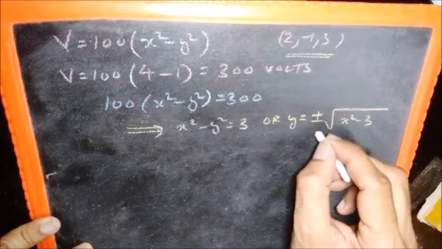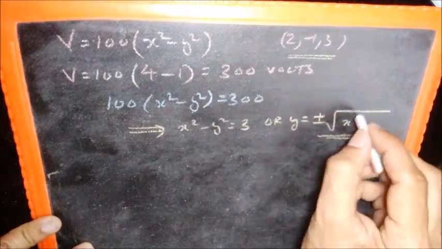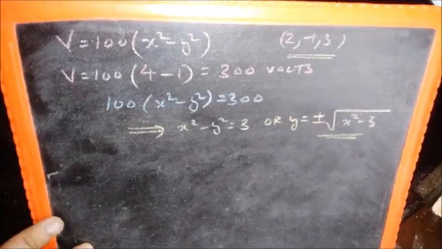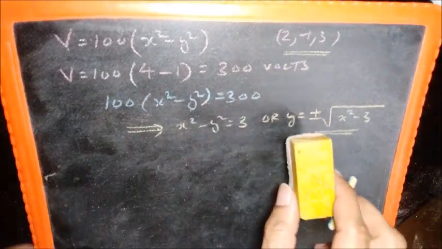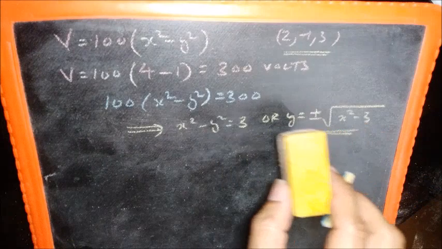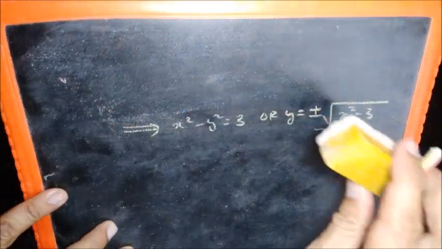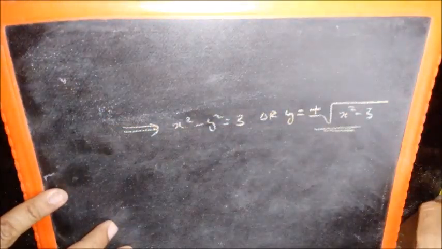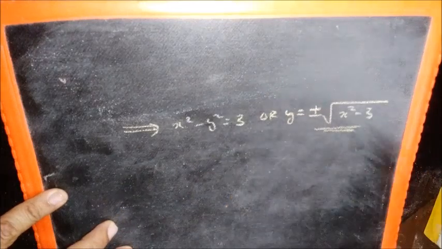So this is the expression for the interface between the conductor and free space, because when this condition is satisfied, we see that the potential remains as 300 volts. And as I told in the beginning several times, conductor free space interface will be equipotential. So this is the expression for the interface.